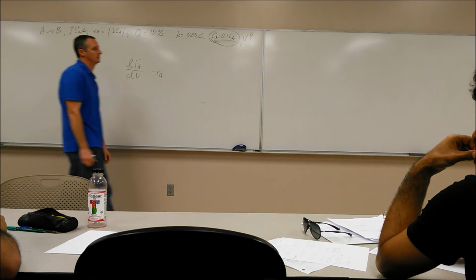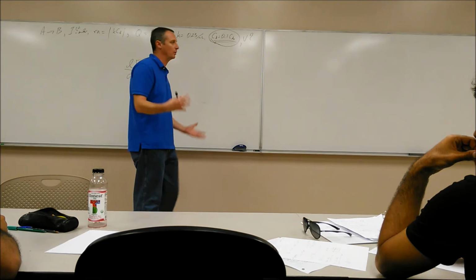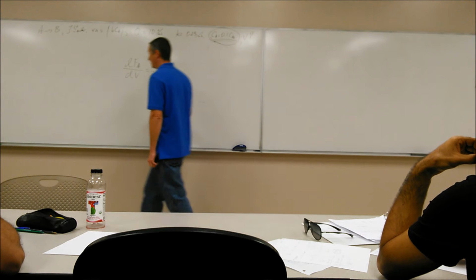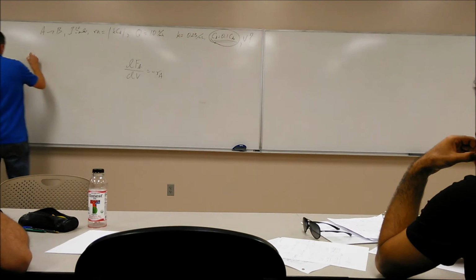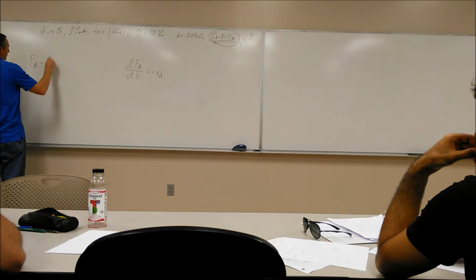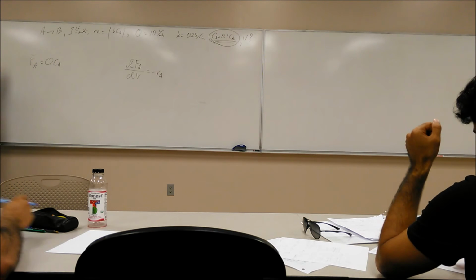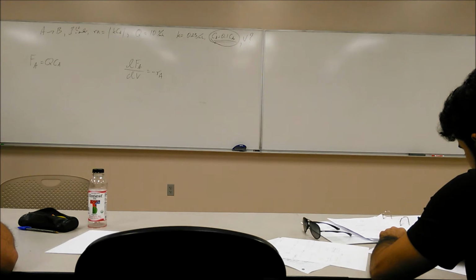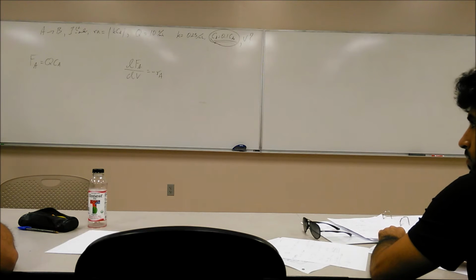I'll do it both ways, just so you can see that there's more than one way to solve these things. So, once again, the important equation: liquid phase, FA equals Q CA. Do we want to try to calculate anything with FA? It'd be a lot better to do it in terms of CA, because we already have an equation with CA.